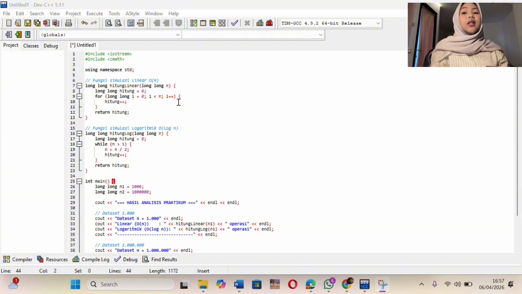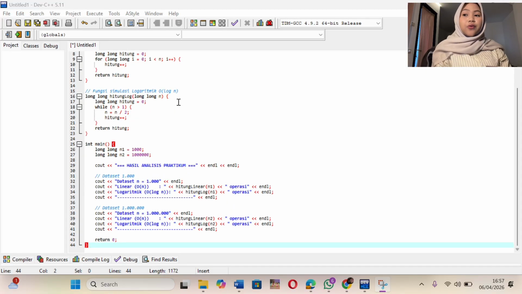But if you use a logarithmic algorithm like binary search, it can find the answer in just a few dozen steps. This is why choosing the right algorithm is one of the most critical decisions in software development. It directly impacts performance, cost, and user experience.